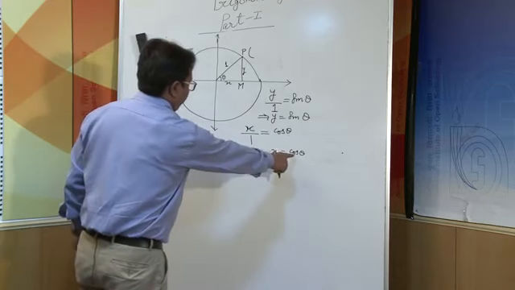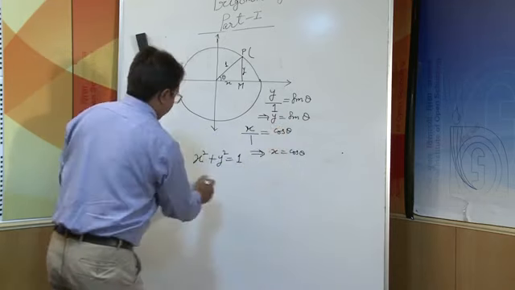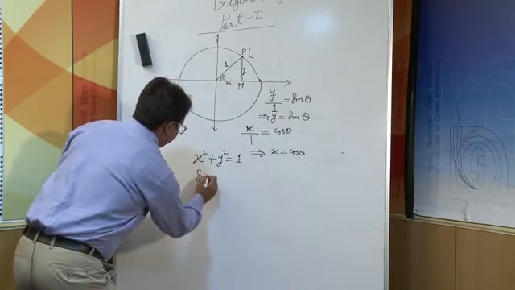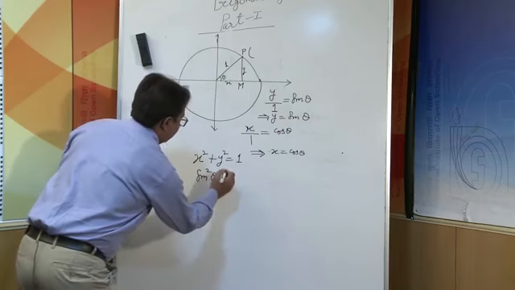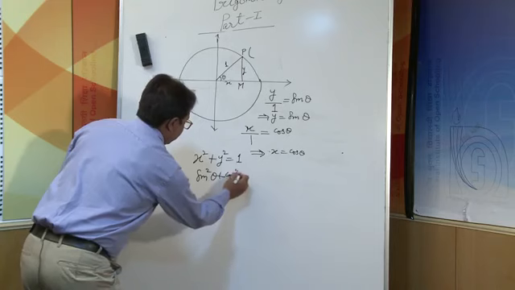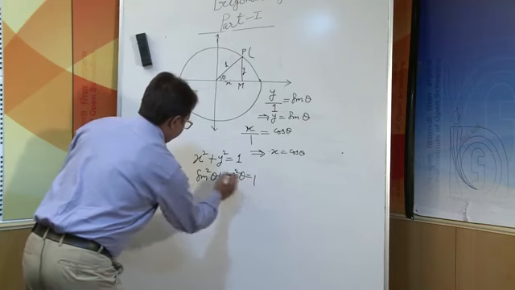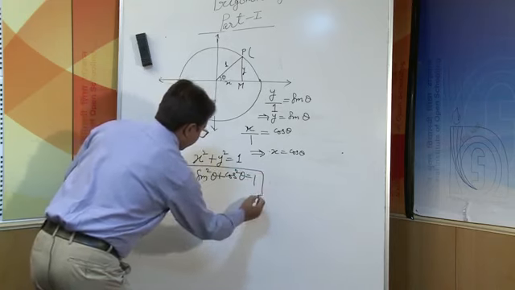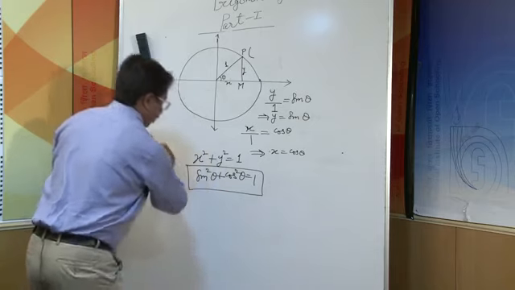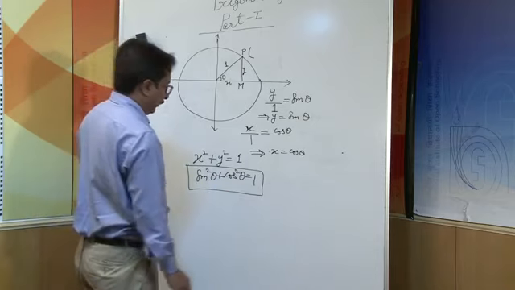When I replace these values of x and y with cos theta and sin theta, we get sin square theta plus cos square theta equal to 1, which is a very important identity of trigonometry.